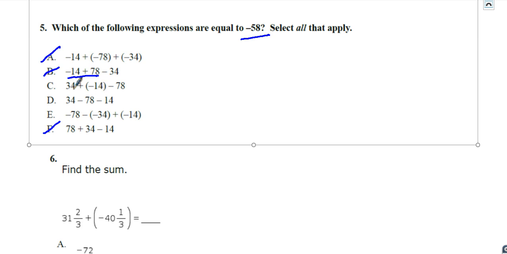And if I do positive 20, and then I subtract 78, that does give me negative 58.